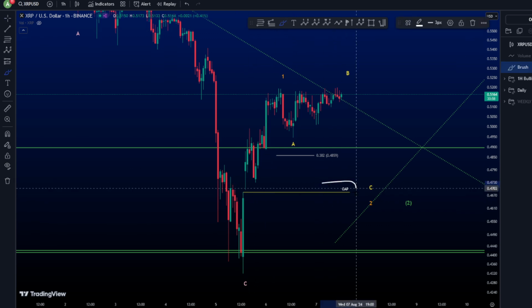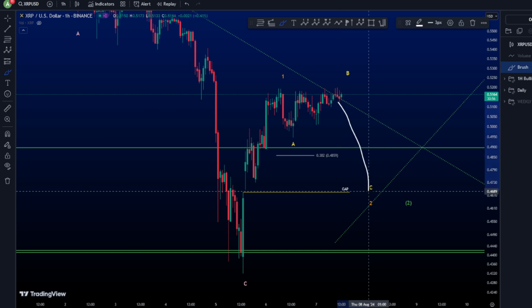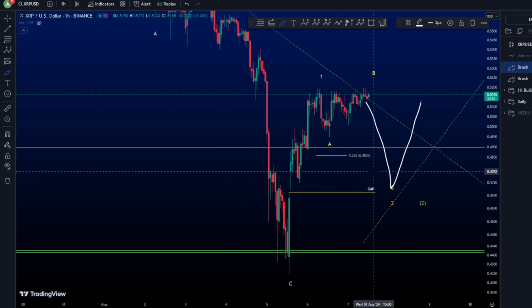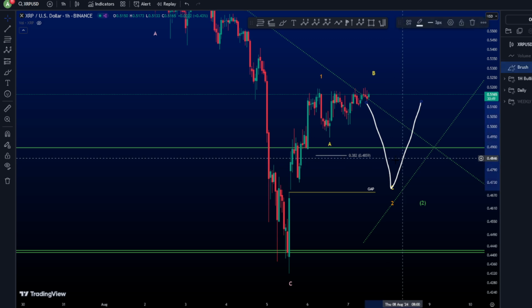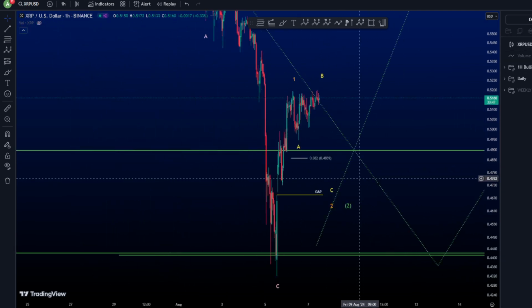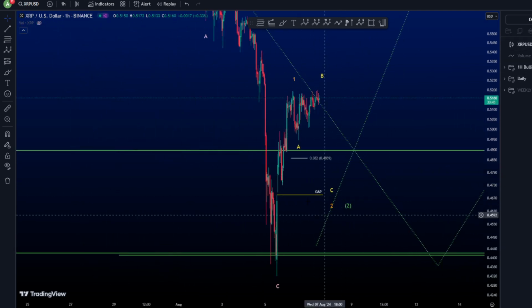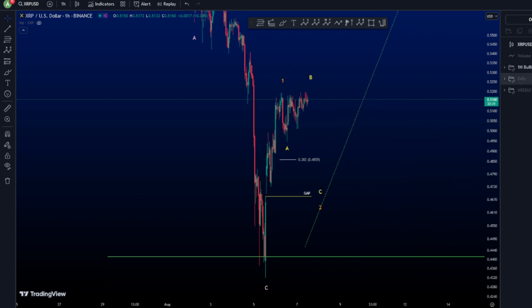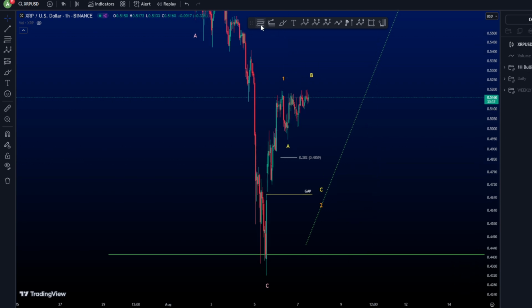So this opened the possibility to retrace down to fill this gap and then move up, which is perfect because the position of this gap is between the fib levels of a wave 2. So that would be a perfect situation, filling those fib levels.